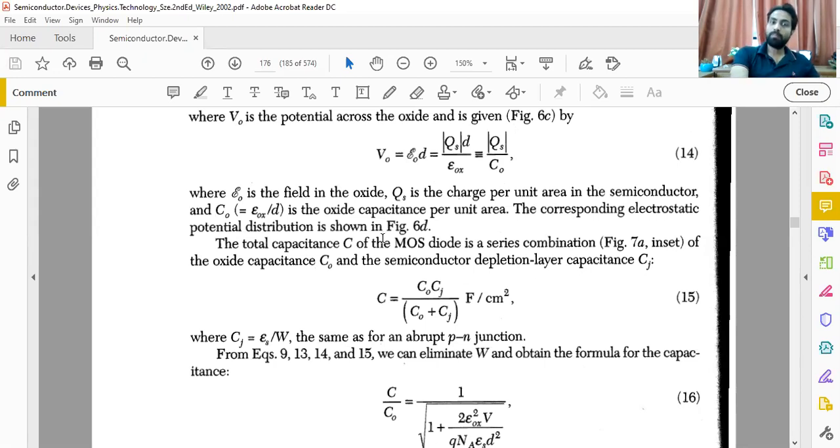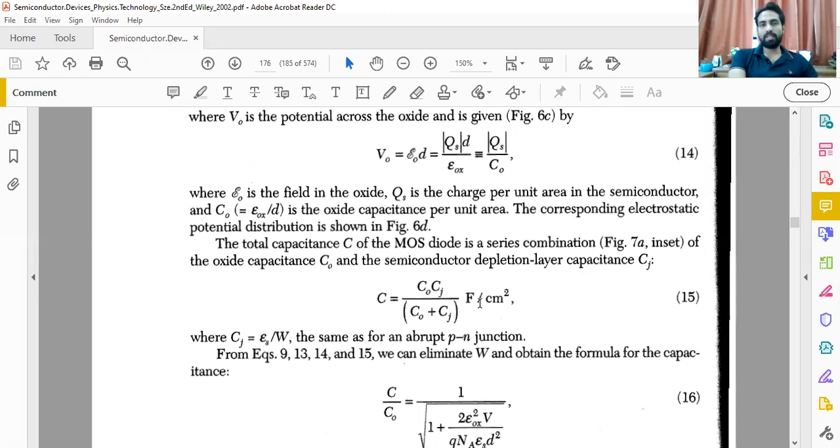So C naught is the oxide capacitance, taken as CO, and the semiconductor capacitance of the junction is taken as Cj. If they are in series, we know the capacitance can be added in series like C equals C naught Cj upon C naught plus Cj. Very, very simple equation. We simply have a series combination, nothing else to remember.